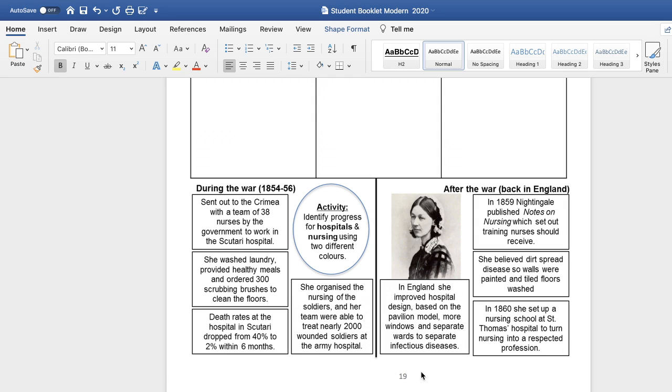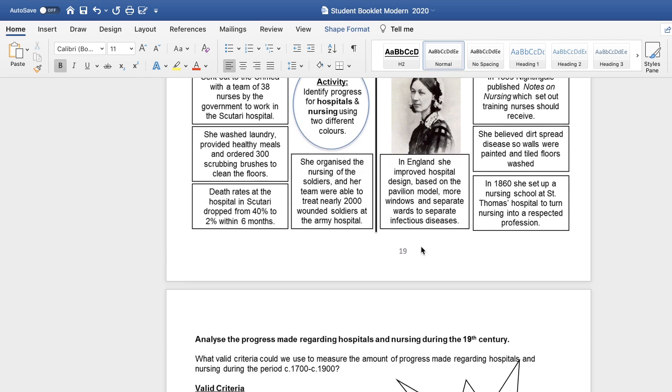So the first activity that you have to do, which you would have gained the information for after reading this, is to identify progress for hospitals and nursing using 2 different colours, reading these 2 information boxes.